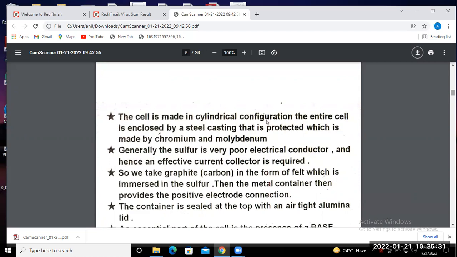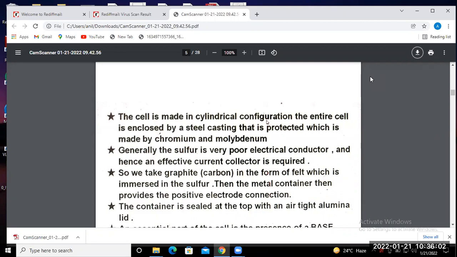Their structure is cylindrical, and the entire cell is enclosed by a steel casing that is protected, which is made of chromium and molybdenum. Okay, so generally sulfur is a very poor electrical conductor, and hence an effective current collector is required.